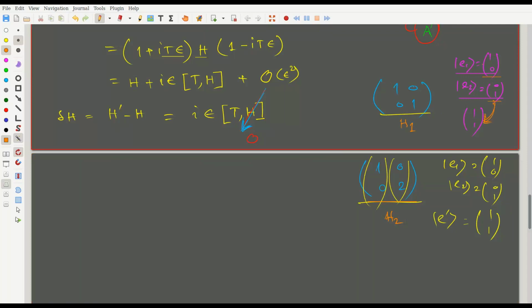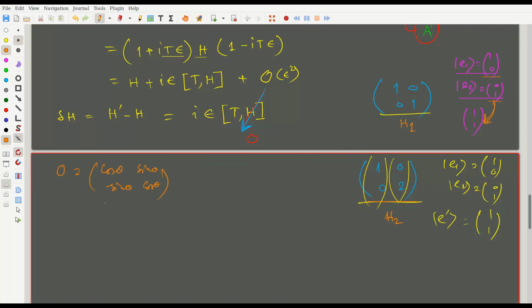From 1 0 0 1 to 1 1, I am basically rotating by 45 degrees and so on. And how do I rotate? I rotate by this orthogonal matrix, O equals cos theta sine theta minus sine theta cosine theta. And if you do it in a complex plane, it would be a unitary matrix.